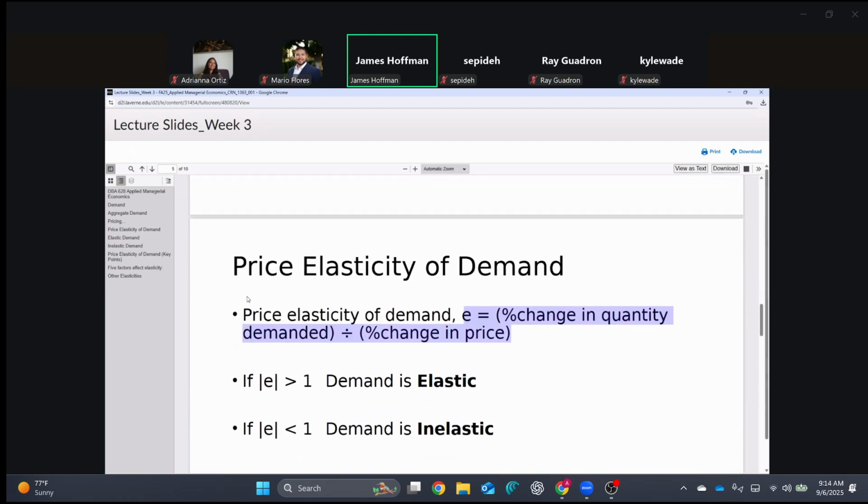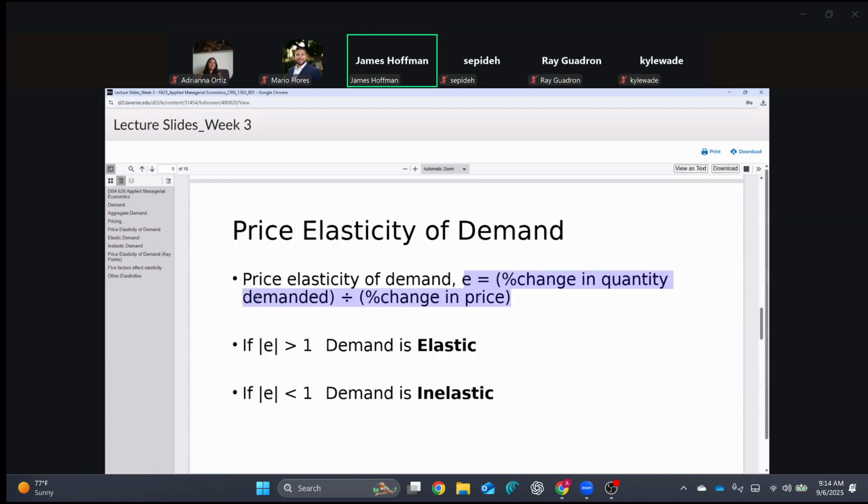Yes. So you can say a product is inelastic or elastic, but there's degrees to that. Correct. So the first definition, if you will: the reason I put these absolute value brackets around it is because normally you report these elasticities as just the number without the negative.